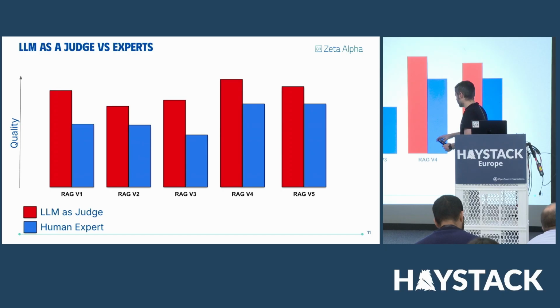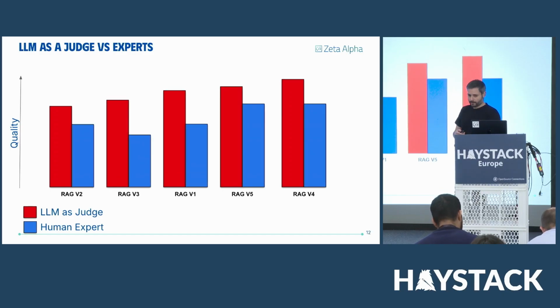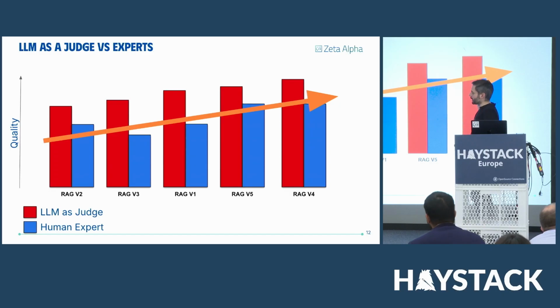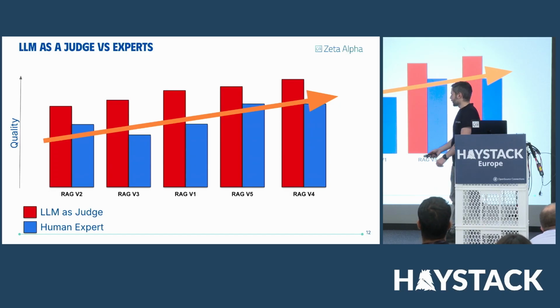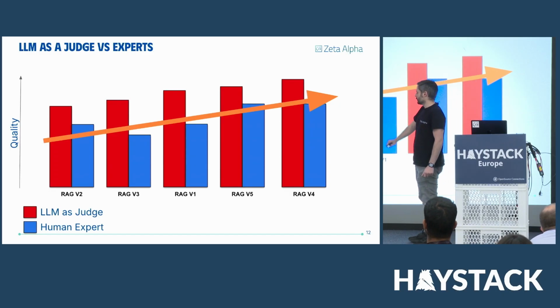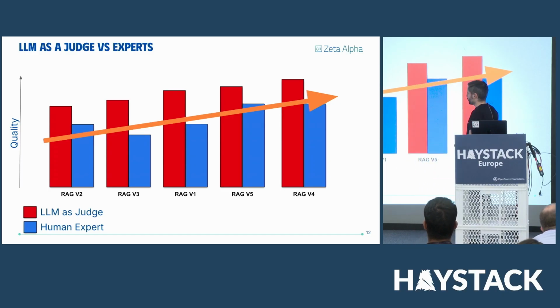I'm going to keep both of them together, and order from the lowest performing to the highest performing system. So you see something like this. And if you squint your eyes a little bit, you will realize that there is some sort of correlation, right? We are saying, okay, definitely this is the worst system, and this is the best system. And both the judge and the expert agree.